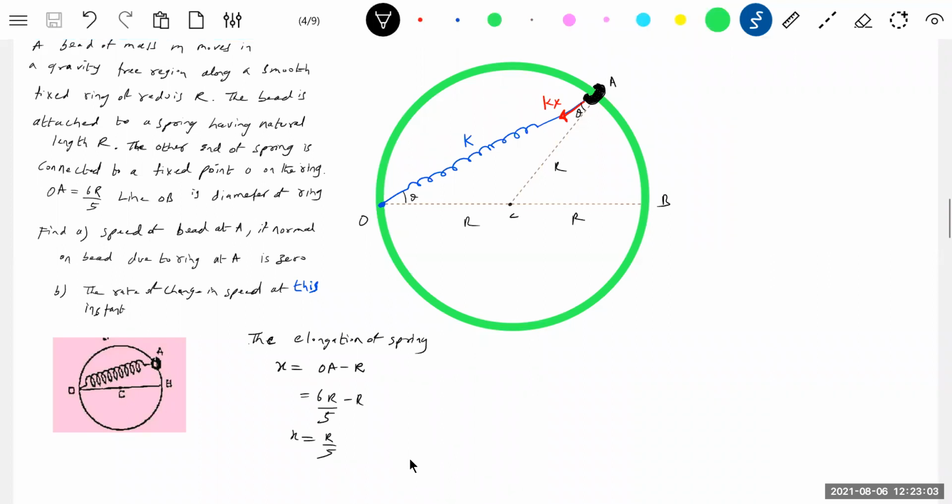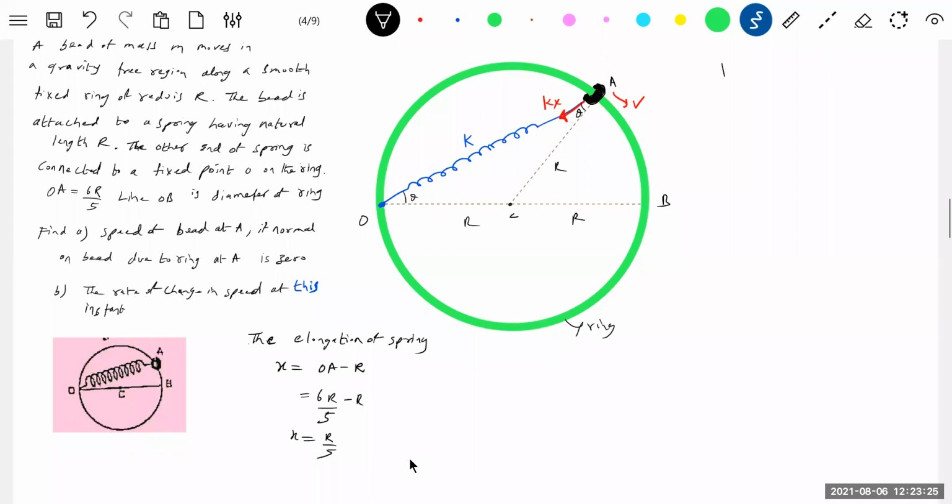There is some speed. The bead is having some speed. Then who will provide for it to move in a circular path? The normal reaction is 0. I'll discuss one more situation now. Time being, there is no normal contact between the bead and the ring. This is the ring actually, and that black color one is a bead.